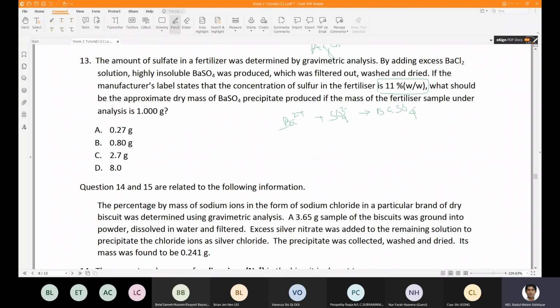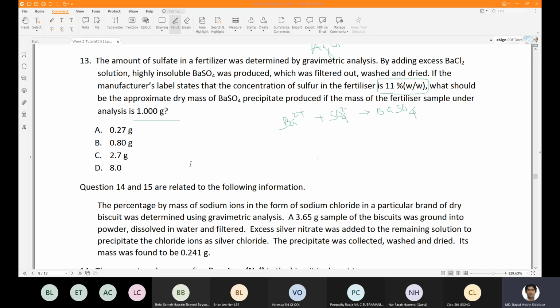So mass of only one gram of the fertilizer sample was taken. One gram of fertilizer sample was taken, and it says that 11% of the sample in that fertilizer is sulfur.